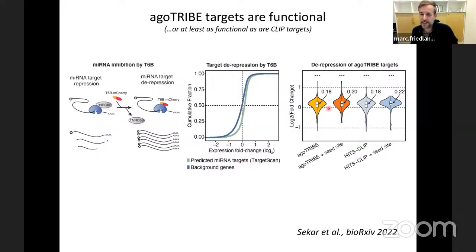And we see that both our agoTRIBE targets and also the HITS-CLIP are de-repressed by about 0.18 in a log-fold change, so not very strongly, but something that's consistent with literature. And when we only consider the ones that have conserved seed sites, this increases. So what we can say is that the agoTRIBE targets are actually functional, or at least as functional as our CLIP targets. And this is what we wanted.